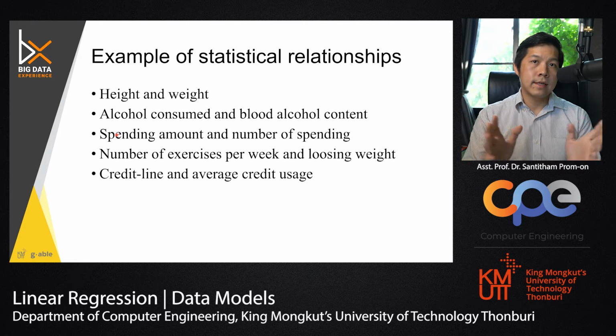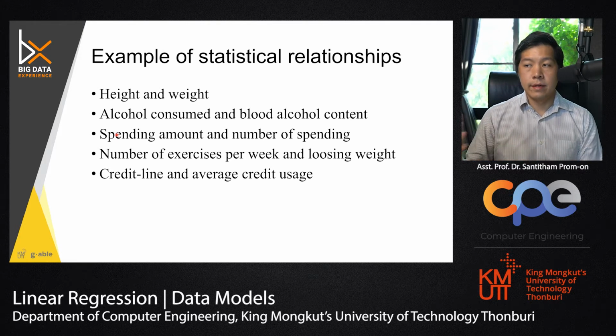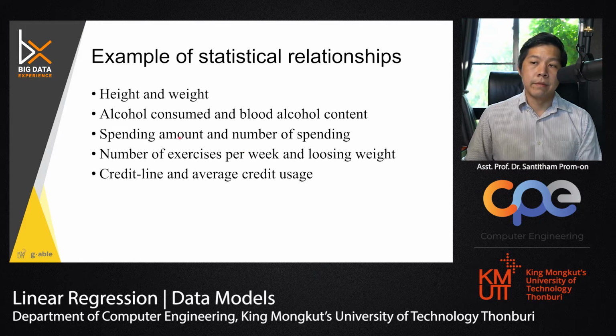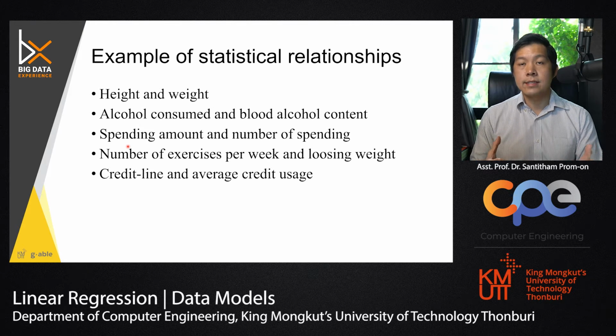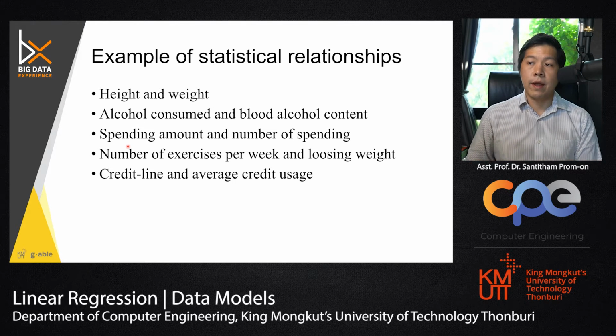You might see a certain relationship between them, that is, the higher the number of spendings, there might be more value here, but it doesn't guarantee that. This relationship can be such that if your ticket size, the size of spending that you usually make, is large but you rarely spend, then you might have a low value here and a high value here. So plotting the relationship between them allows you to identify relationships between the two variables.